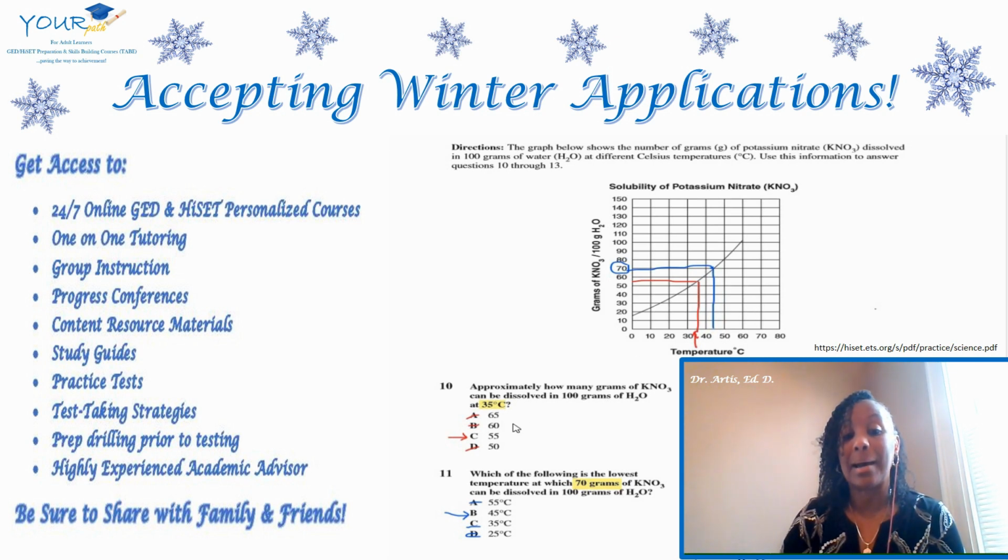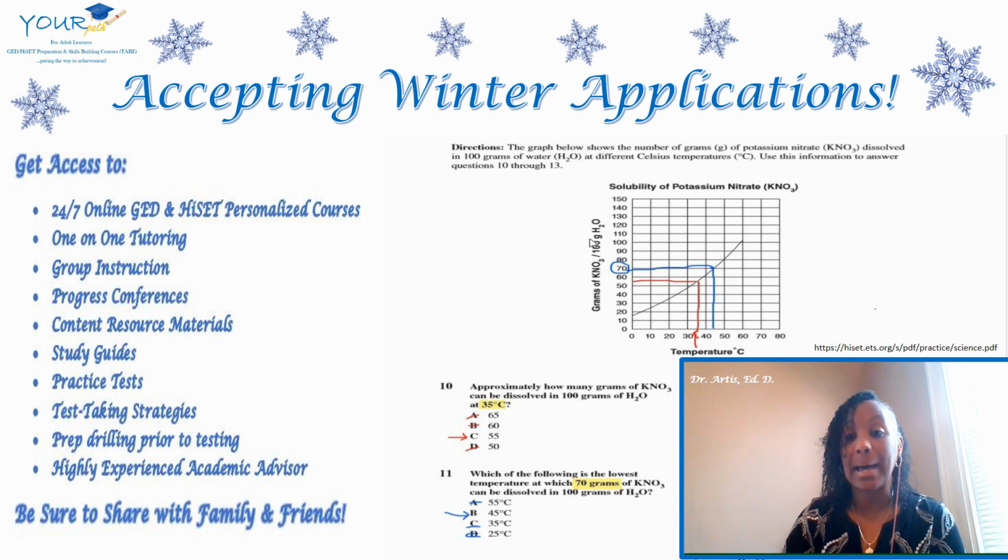For example, when we looked at item 10, we didn't go to the side caption to answer the question. We actually started with the temperatures, and we identified 35 degrees Celsius and then went up to the line on the graph and across. Vice versa, for question item 11, we did the opposite.